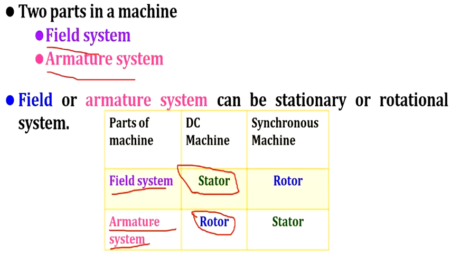The armature system is rotating, the field system is stationary. When you go to an AC machine, that is, a synchronous machine, the field system is rotating and the armature system is stationary. So the armature and field system can be stationary or rotating, based on whether it is a DC or AC machine.